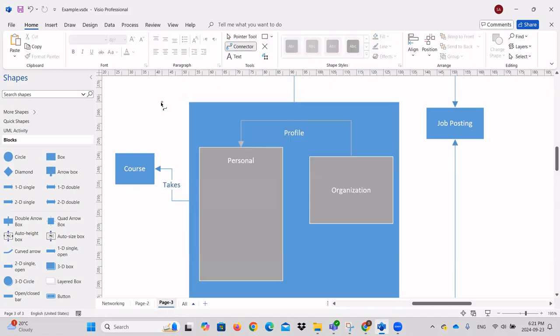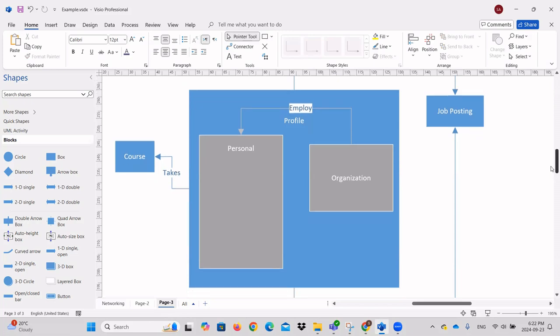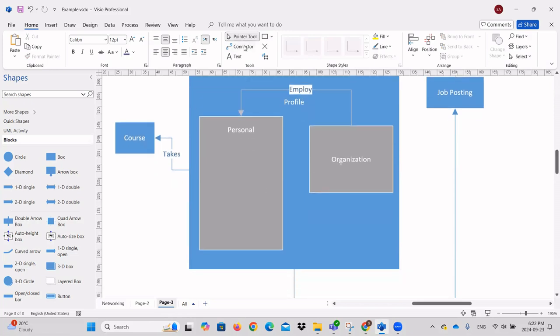So we can call this employee. Okay. And we can have a person, someone that has a personal profile, following an organization. Maybe it's not an employee in that organization, but just follows it. So that's another type of relationship here.